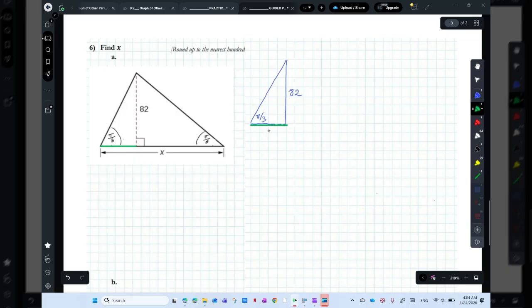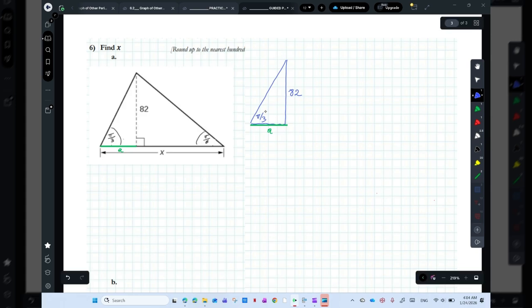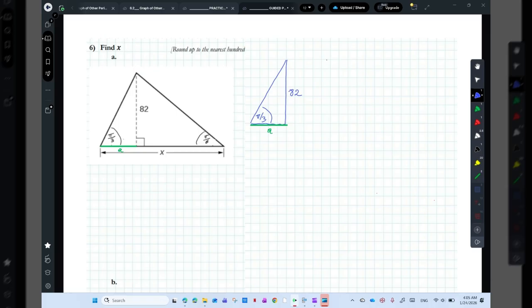Let me call that A. And here I would have the tangent of pi over 3, which is 60 degrees, which will be equal to the opposite, 82, divided by A, which means that A would be 82 divided by the tangent of pi over 3.